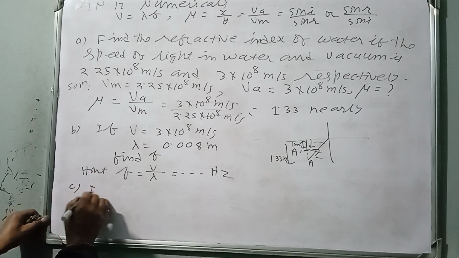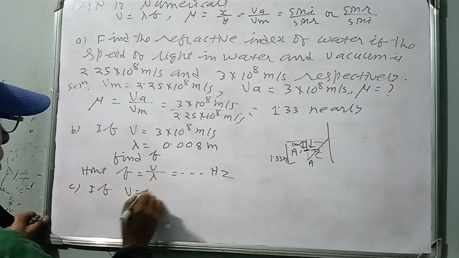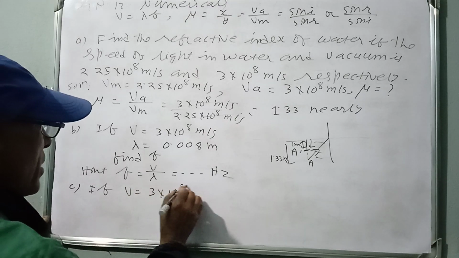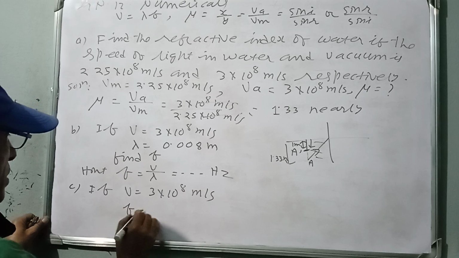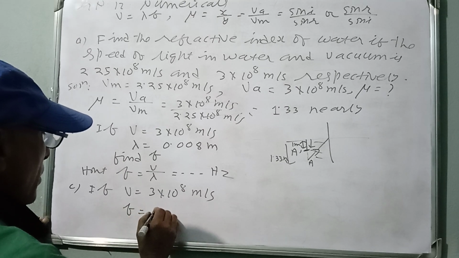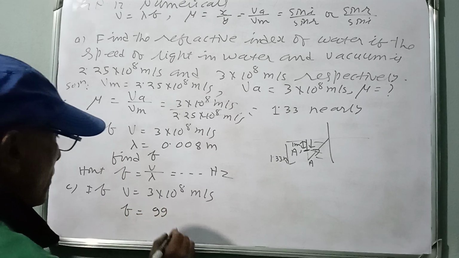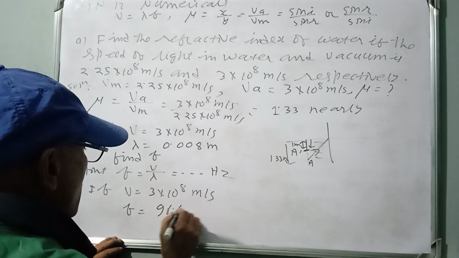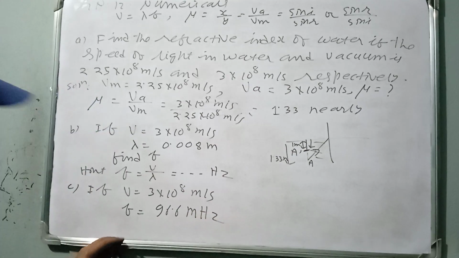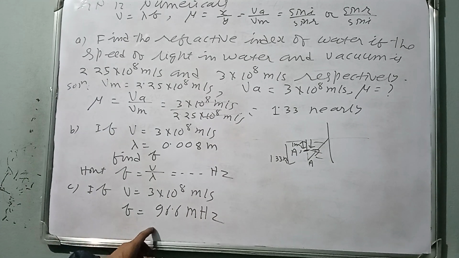Another, if V equal 3 into 10 to the power 8 meter per second, say frequency equal 96.6 megahertz. You know 96.6 megahertz is the frequency of Hetauda FM.